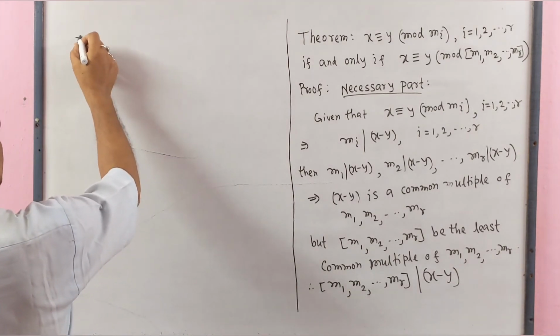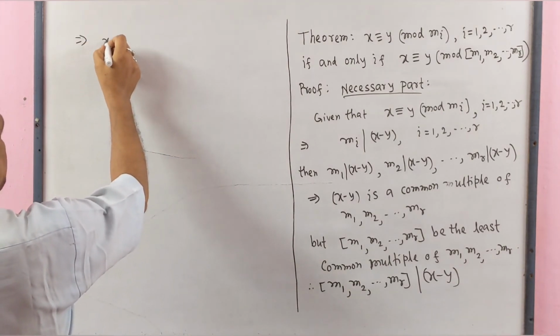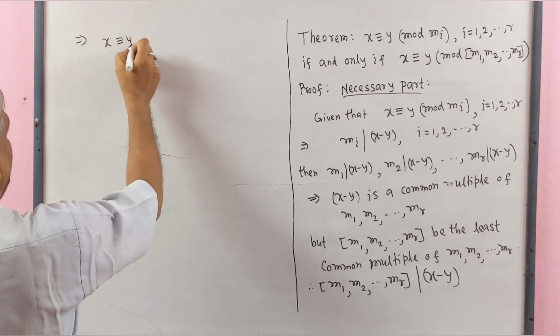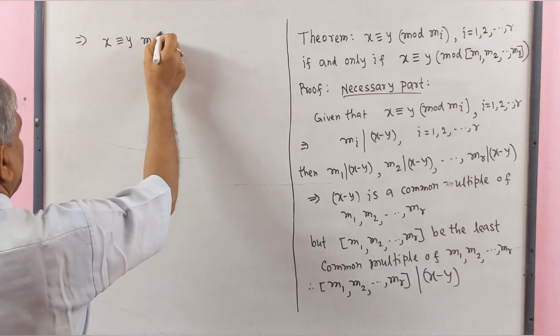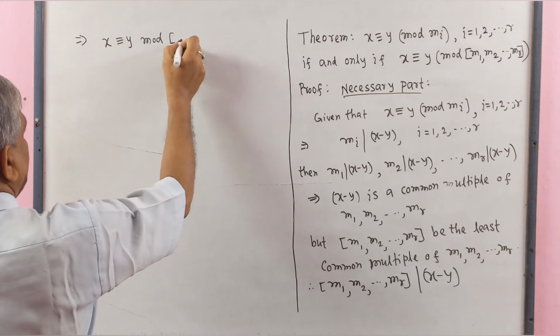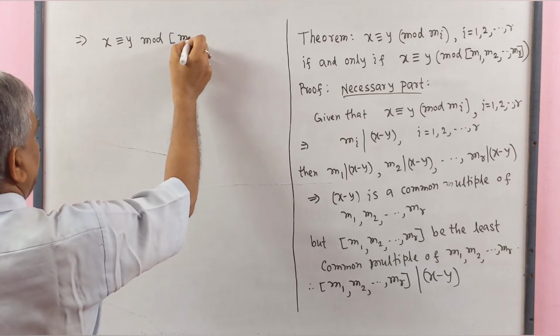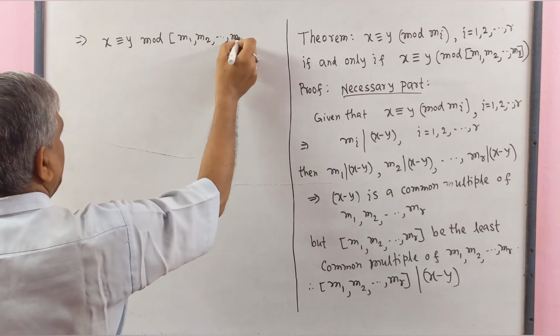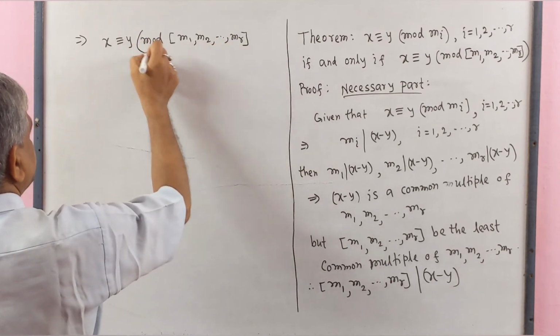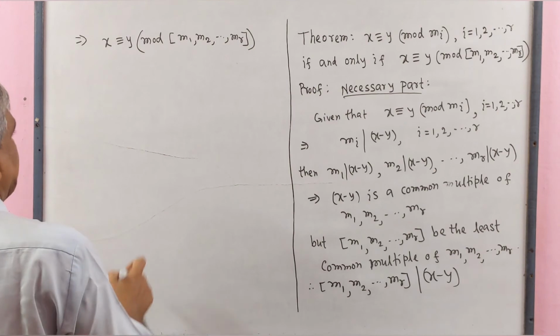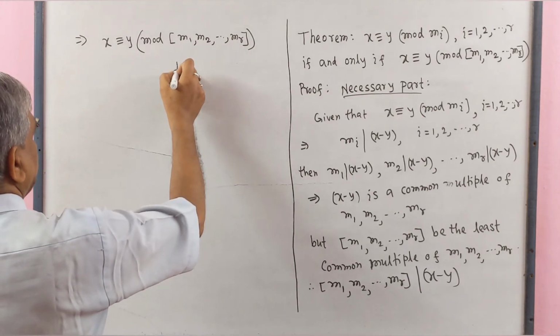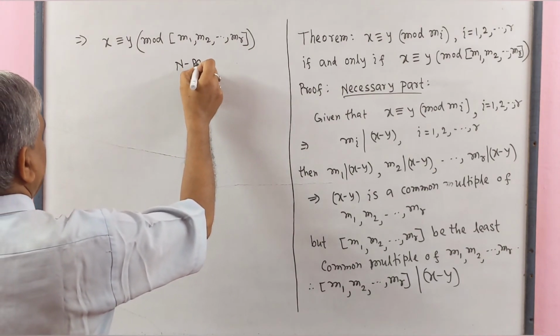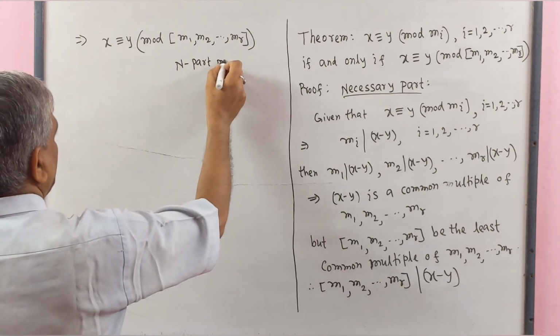Implies that x is congruent to y modulo LCM of m1, m2, ..., mr. Necessary part proved.